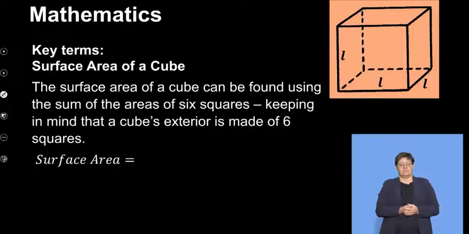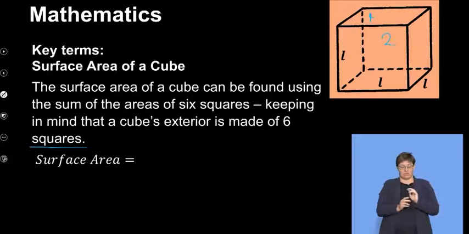So if I wanted to find the surface area of a cube, it can be found using the sum of the areas of 6 squares, keeping in mind that a cube's exterior is made of 6 squares. So we can see over here, there are 6 squares involved. I've got the top square, which is number 1.